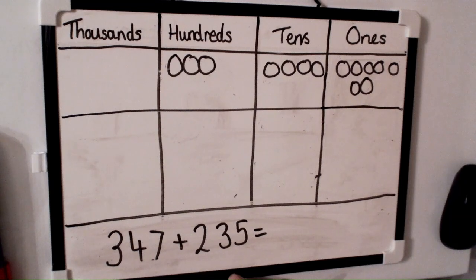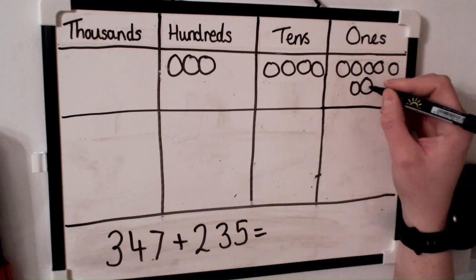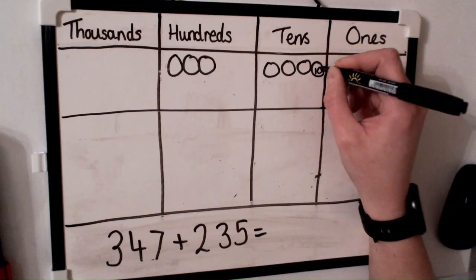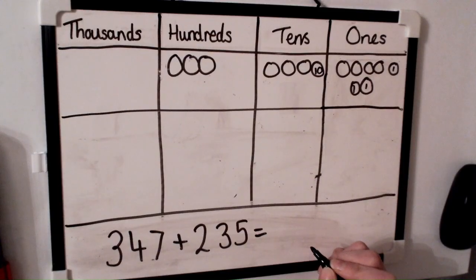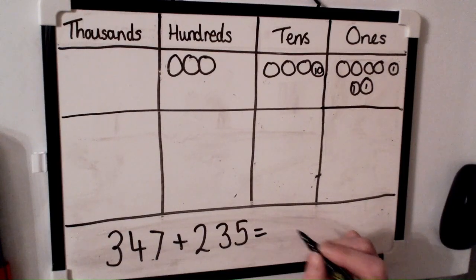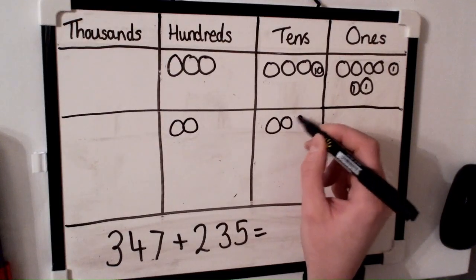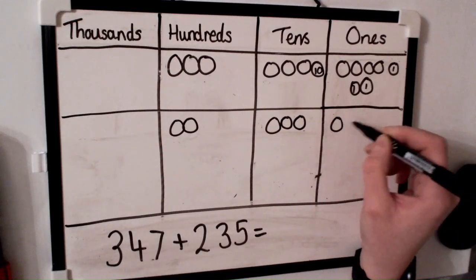Now I'm still showing hundreds, tens and ones just in a picture rather than using the equipment. You don't need to write the value of each counter on the actual drawings, as we know that they're tens because they're in the tens column. So I'm now going to set out my second number underneath, 2 hundreds, 3 tens and 5 ones.